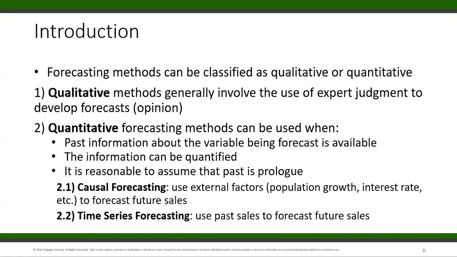And now they believe the interest rate is going to go down, so they come up with a forecast. They may say, okay, the interest rate is going to go down by 1%, so the sales is going to go up by, let's say, 5%. So they just use their opinion rather than actually looking at the numbers.